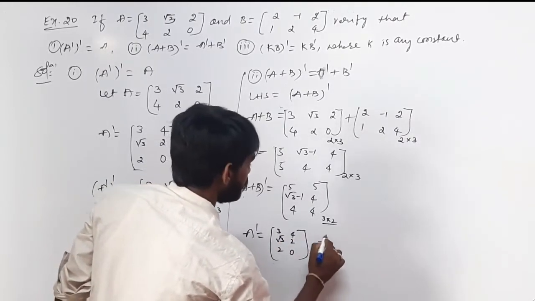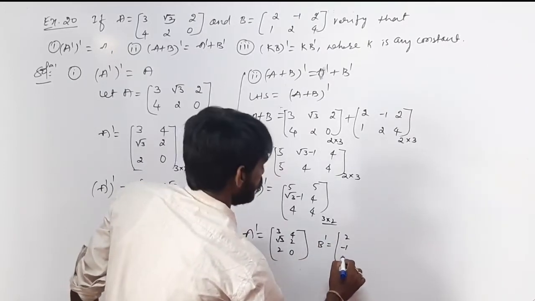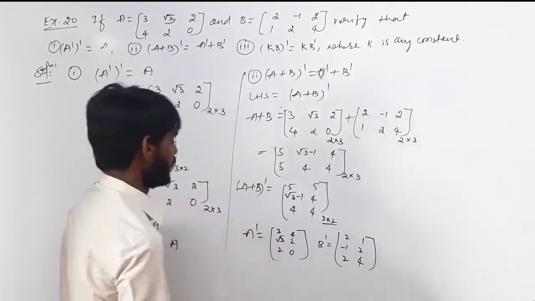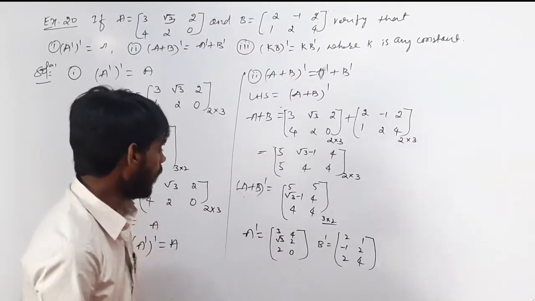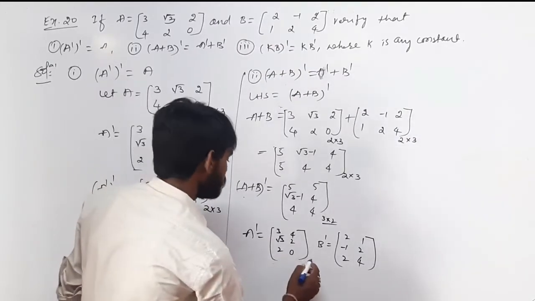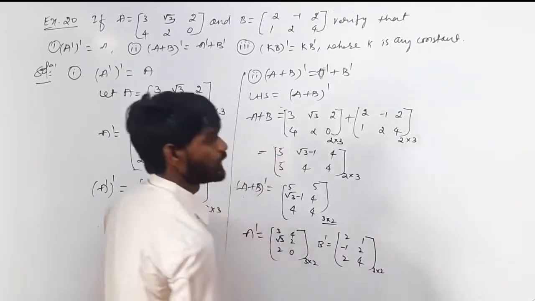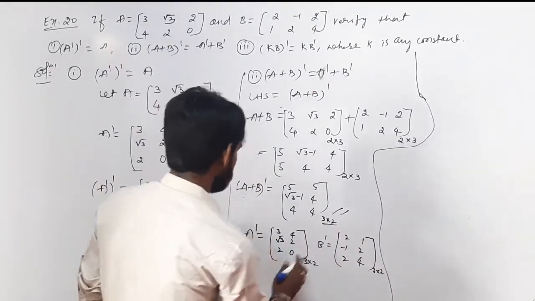Then B dash will be the transpose of 2, minus 1, 2, 1, 2, 4. Look here, I am taking the transpose of B and A. So now we are going to add these two matrices. We already know that these two matrix orders will be 3 cross 2, right?